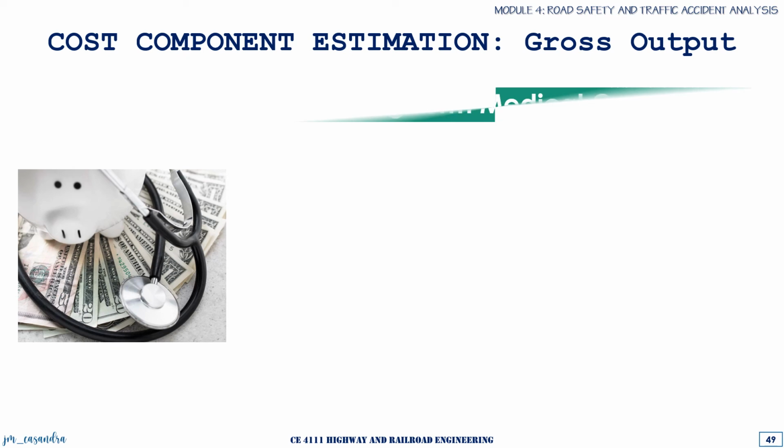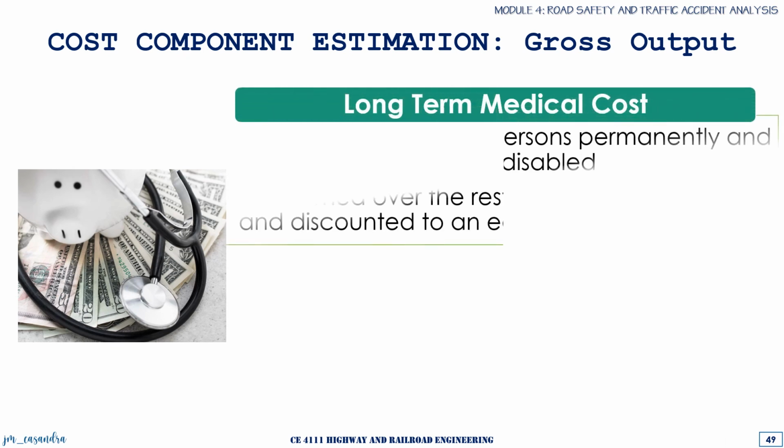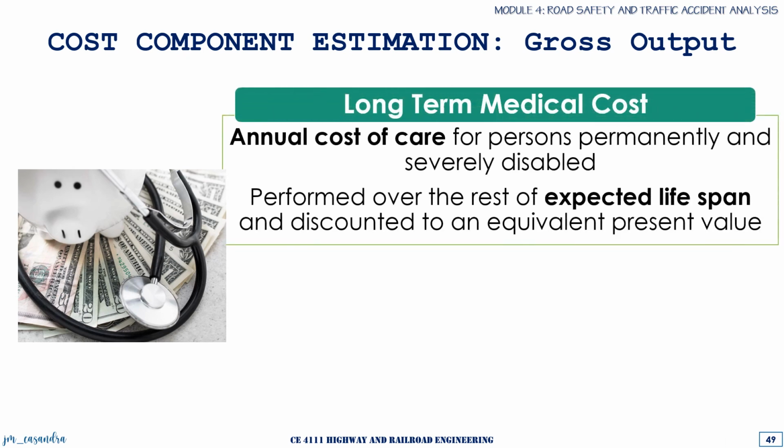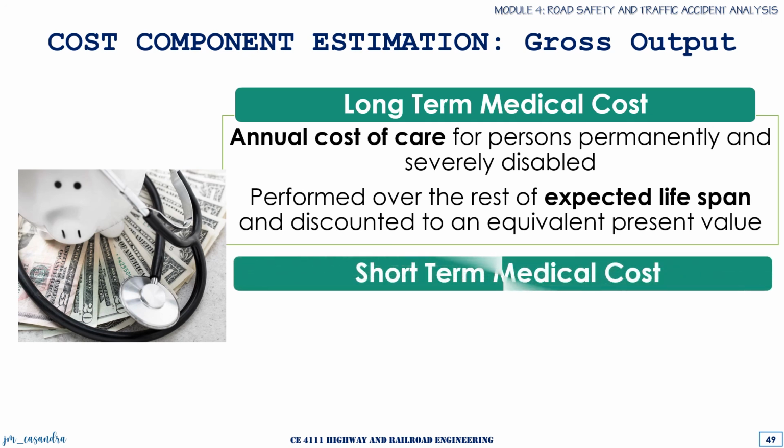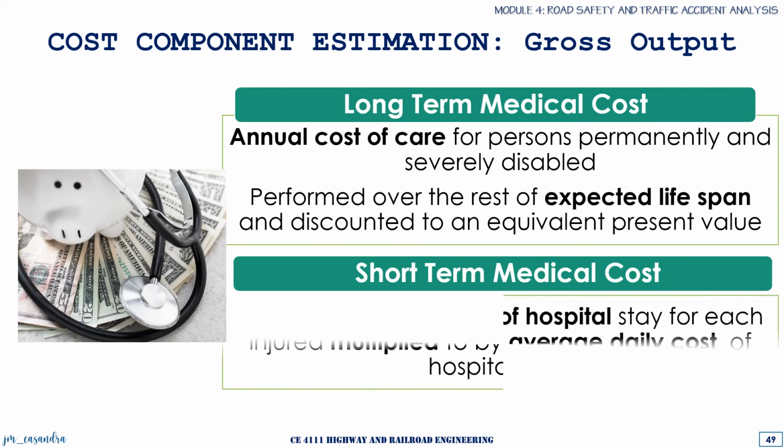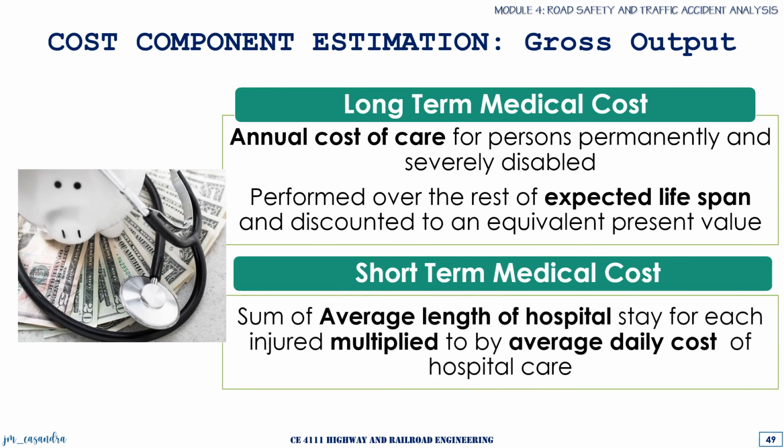Then for medical costs, for long term, this will be computed as the annual cost of care for persons permanently and severely disabled, performed over the rest of the expected lifespan and discounted to an equivalent present value. And then we also have your short-term medical cost, which is computed as the sum of the average length of hospital stay for each injured person multiplied by the average daily cost of hospital care.